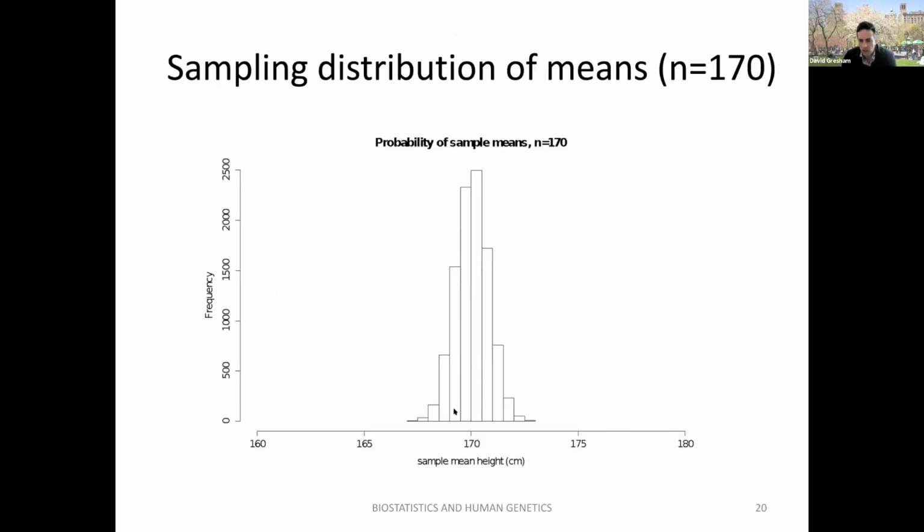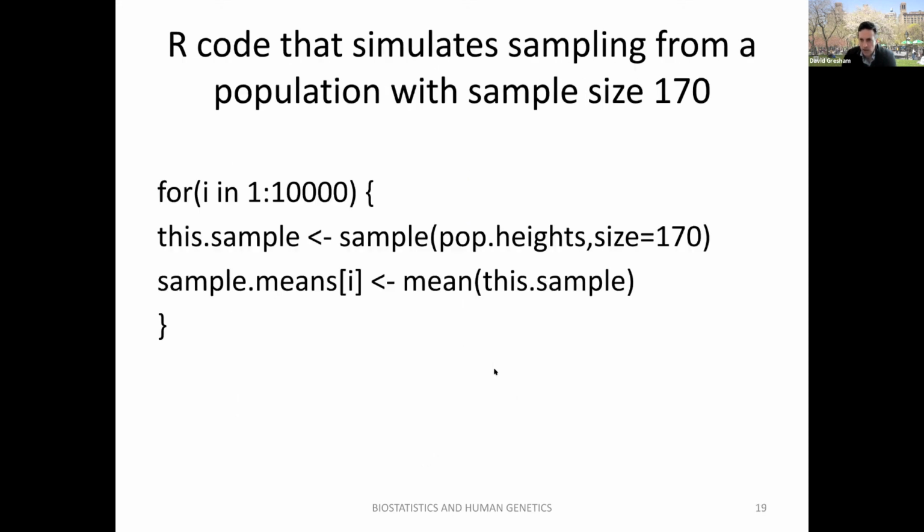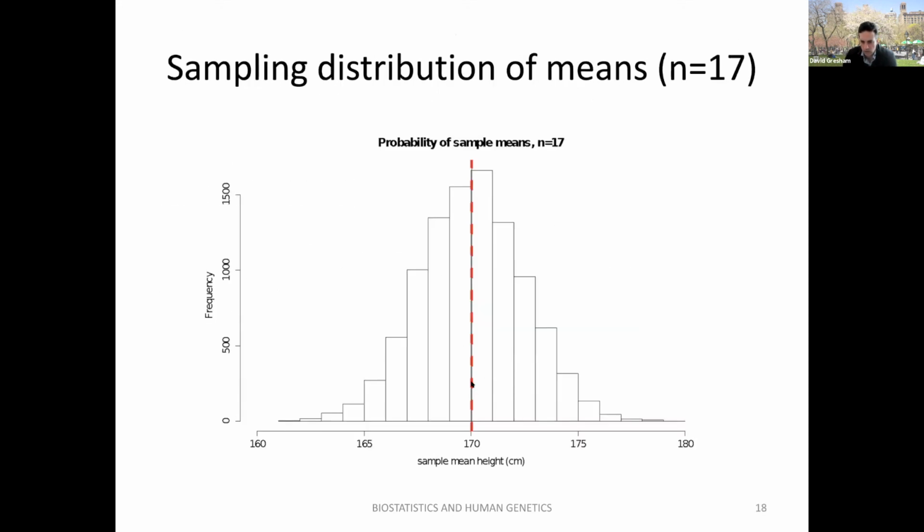Now you can see that the sampling distribution of means is much narrower. It still has a mean of 170, but the variance of that sampling distribution is less than we observe for 17 individuals. Look here, you can see it goes from 170 and spreads all the way out to 175, and it's possible to get a value of 178.